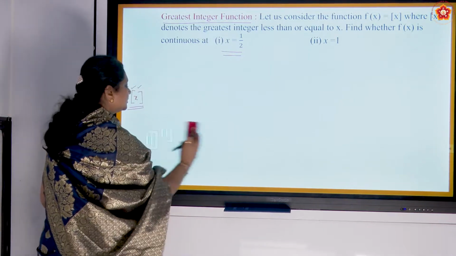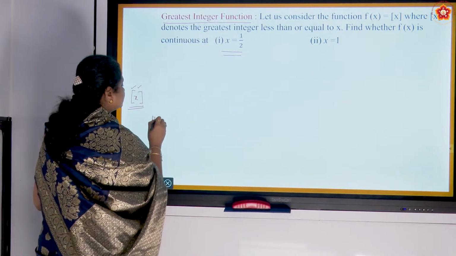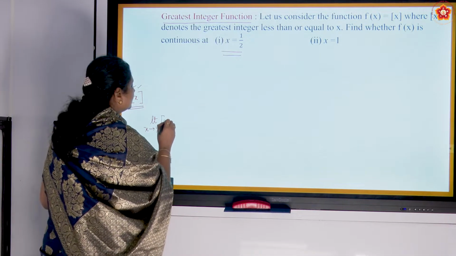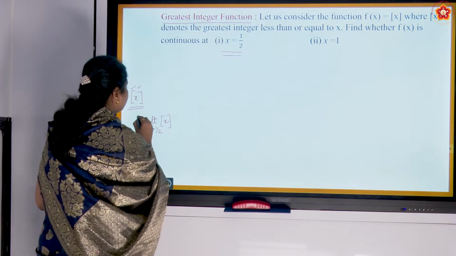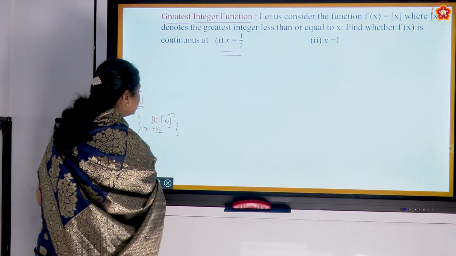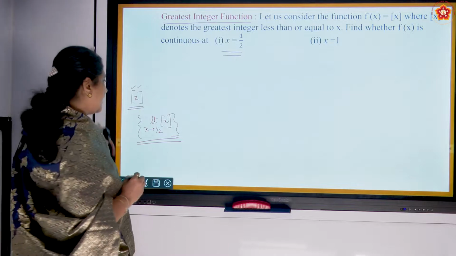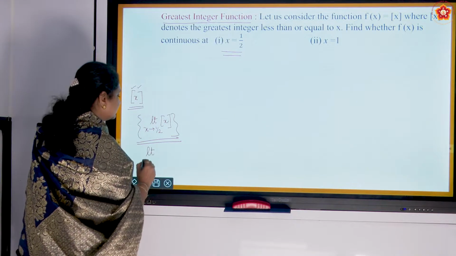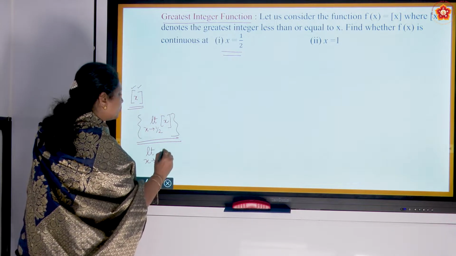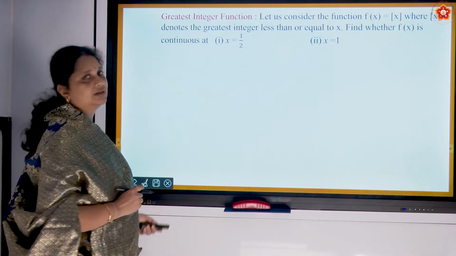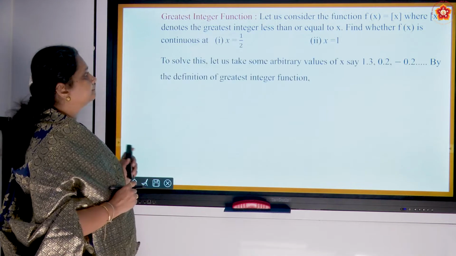In short, limit x tending to half. We have to analyze whether this function is continuous, and analyze at 1 also whether the function is continuous or not. Let's see how we are going to do that.